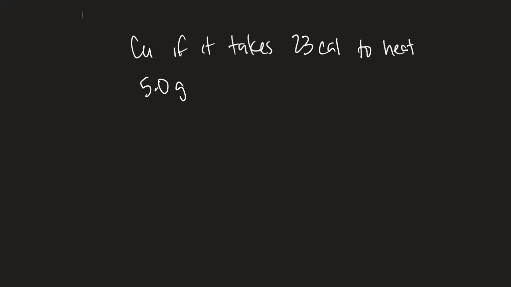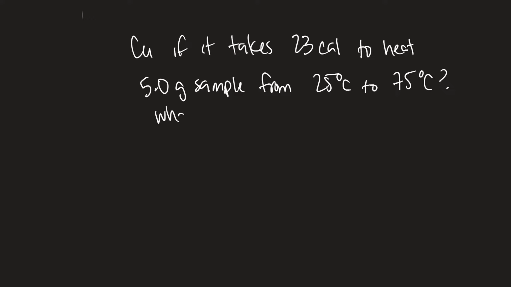If it takes 23 calories to heat a 5.0 gram sample of copper from 25 degrees Celsius to 75 degrees Celsius, what is the specific heat of copper? That's what we're looking for.